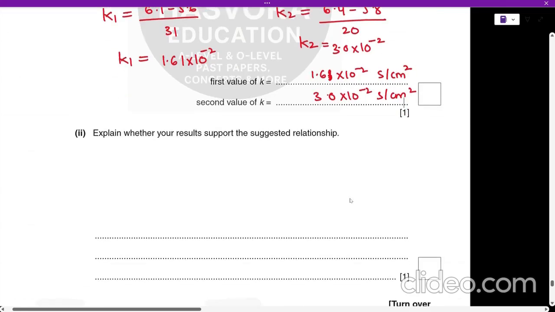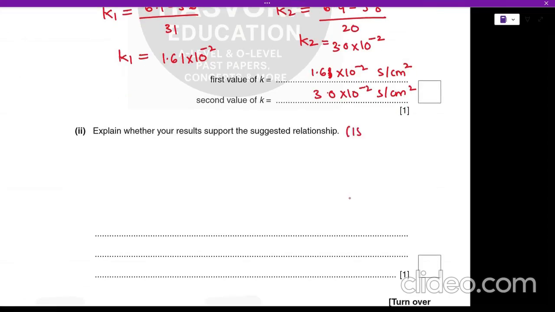Then explain whether your results support a suggested relationship. Just assume it is 15% here as well. We are going to be taking the percentage difference.